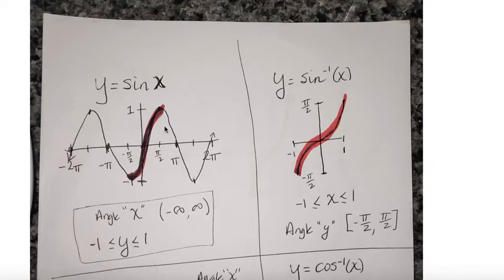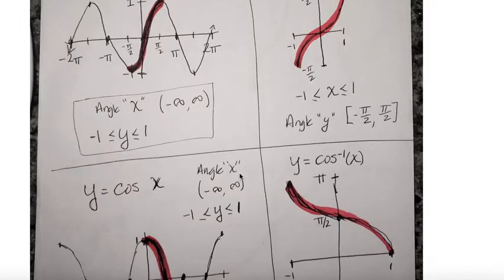It does pass the horizontal line test. I can find its inverse. So for just this piece, the domain goes from negative pi over 2 to pi over 2. So that means that the range of the inverse sine is going to go from negative pi over 2 to positive pi over 2. Quadrant 4 angles and quadrant 1 angles.